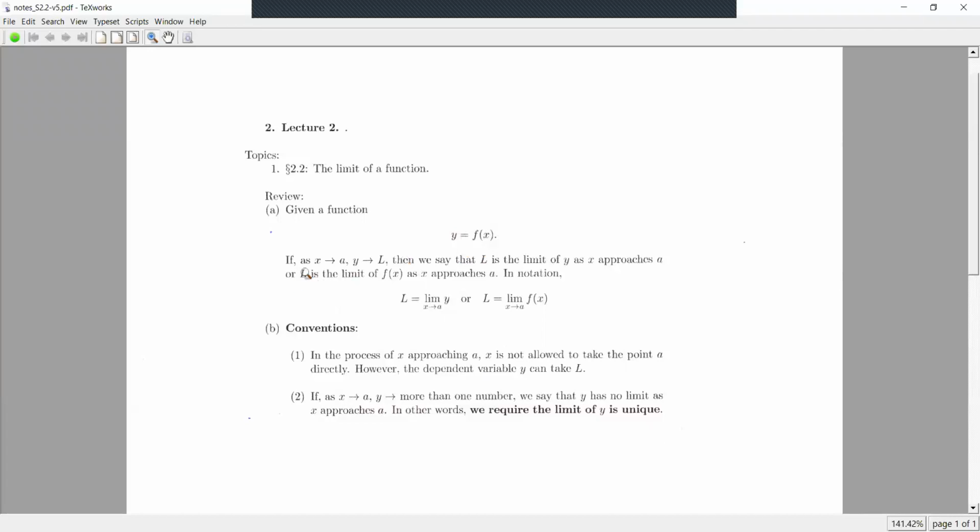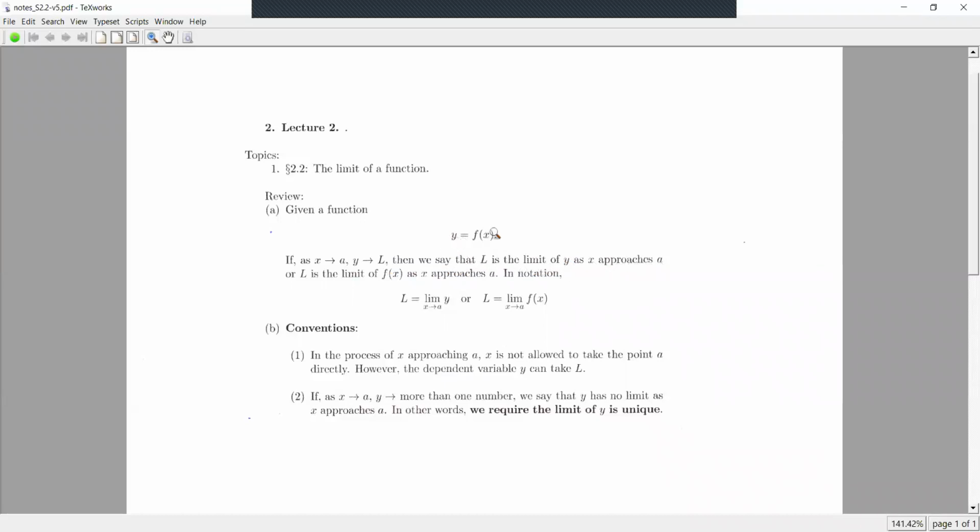Now, if as x is getting closer and closer to some point A, y is closer and closer to some other number L, then the number L is called the limit of the dependent variable y as x approaches A.